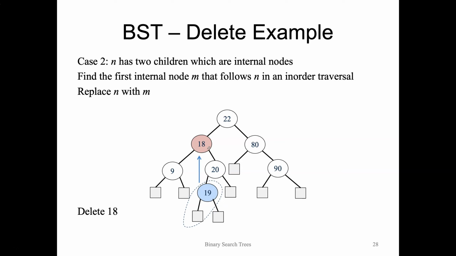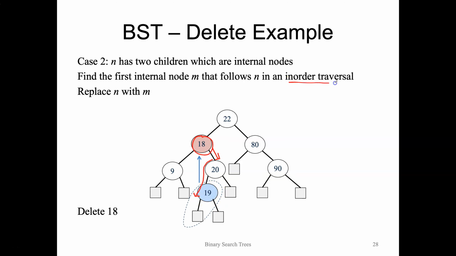So we're going to find the first internal node that would follow from an in-order traversal. This means we'll follow along an in-order traversal from the node we want to remove. We're going to go first to the right, and then as far left as we possibly can, until this is the last internal node that we would find.